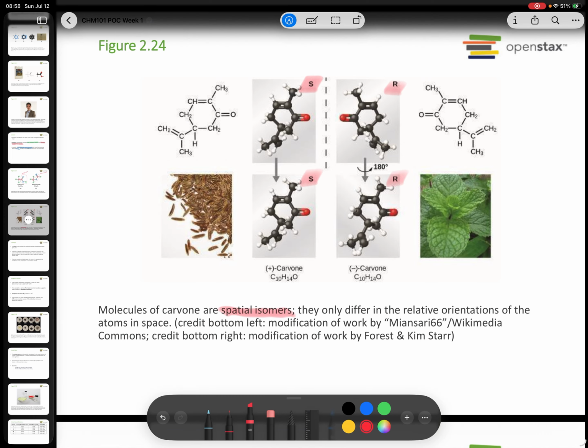So, may effect din yan, no? So, yung isang form nito is like caraway. Tinatawag na caraway. While yung kabilang form naman smells like spearmint. Spearmint pala, sorry. Nagkaiba sila ng scent, no? So, this is a powerful example, no?